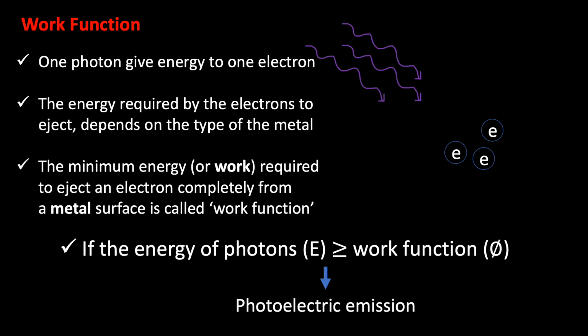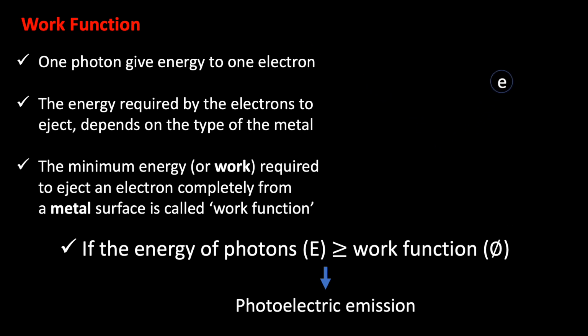Let's understand the term work function in the photoelectric effect. Photons provide energy to electrons to eject from the metal surface. One photon can give energy to one electron. The energy needed by electrons to eject completely depends on the type of metal.